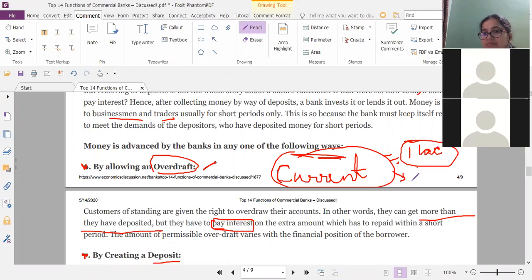During that time, the businessman can approach the bank and get more money than what he or she is holding in the bank, say 1.5 lakh. The bank will give this money to the businessman, but the bank will charge interest on it. That's it. So this is one way of giving money to people, right?